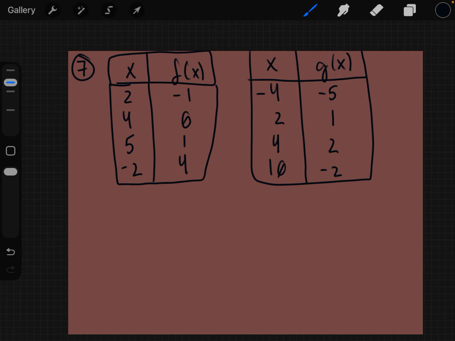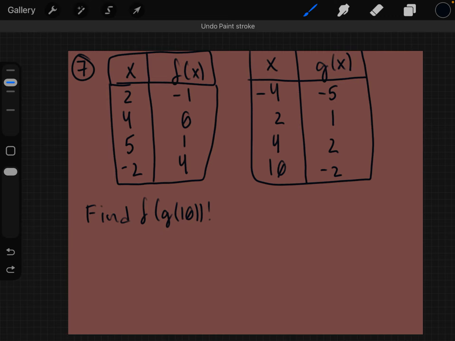Okay, and then it says find f of g of 10. Now we know when you've got compound functions, you just start from the inside and work your way out. So we just ignore all this and we just find g of 10. So you're not going to look in this column, because what this technically is is g of x.